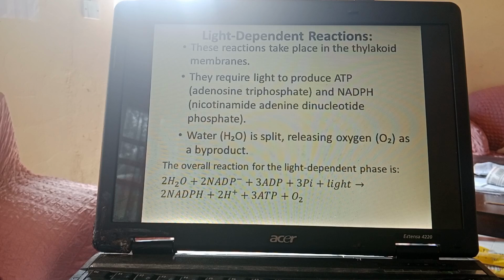Don't be scared by those letters. They are just compounds in the process of photosynthesis, plus 3 ADP plus 3 Pi plus light gives you 2 NADPH plus 2 H plus 3 ATP plus oxygen. So that is the overall reaction for the light-dependent phase.